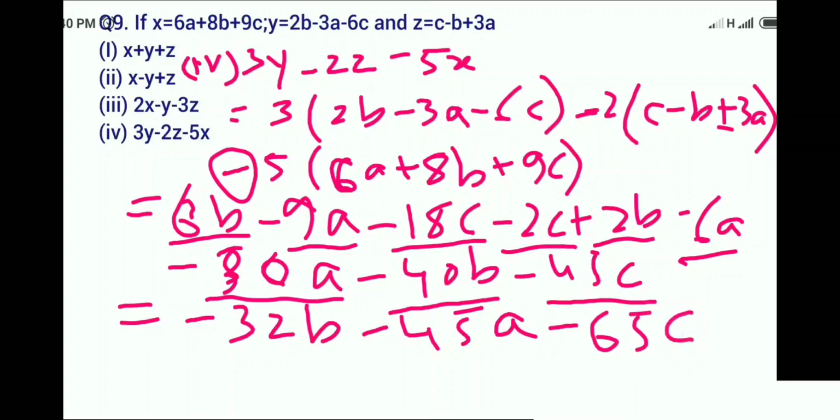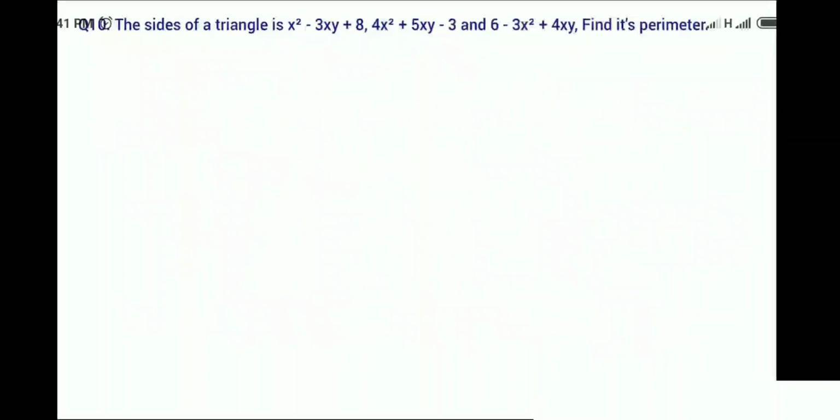All values are minus. We can write it in this way also, or otherwise we will take the minus sign outside and write in plus.